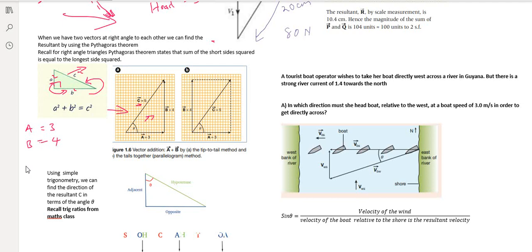By applying Pythagoras theorem, we can get a thing like this: a squared plus b squared is equal to c squared. Whenever I do that, I get 3 squared plus 4 squared is equal to c squared. Remember, I want c, not c squared.